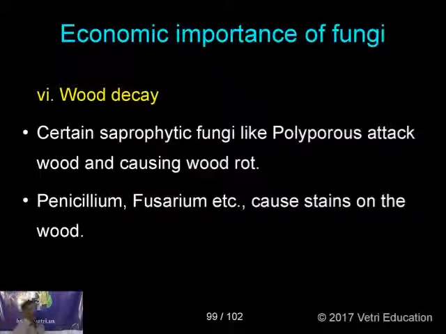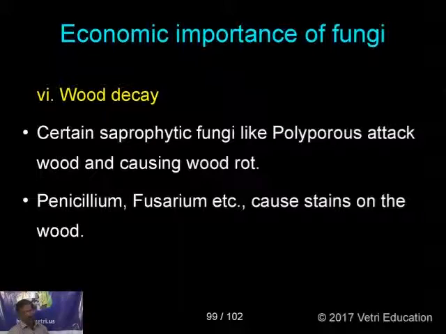Wood decay. Generally, if it is low standard wood, you can find a yellow powder, a dust-like thing in the wood. Certain saprophytic fungi like Polyporus attack wood, causing wood rot. Polyporus causes wood rot disease, and Penicillium, Fusarium, etc. cause stains on the wood.